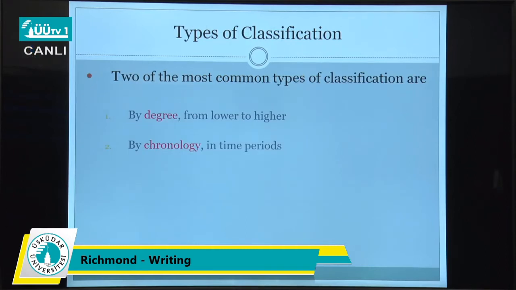Now let's talk about the types of classification. Two of the most common types of classification are by degree, which means from lower to higher, and by chronology, which means in time periods.